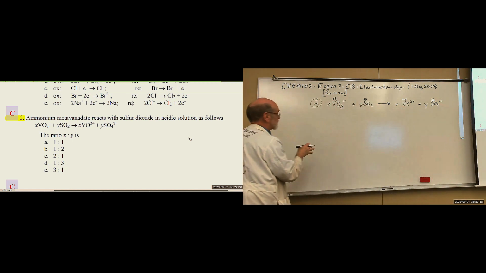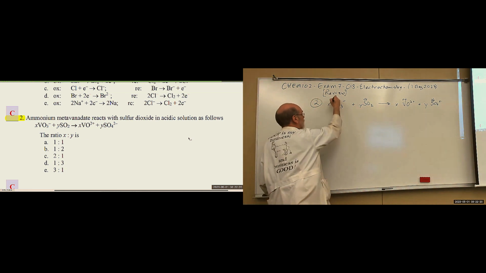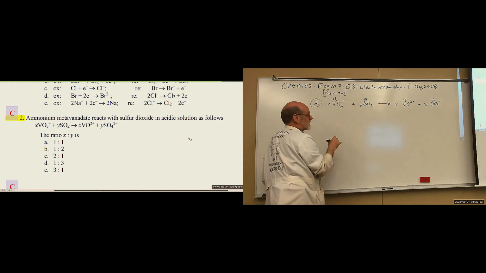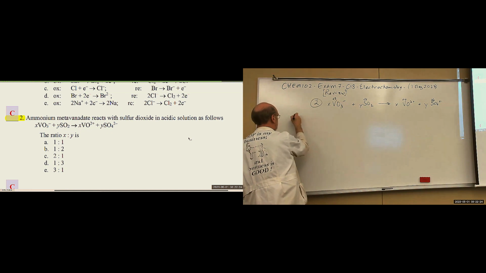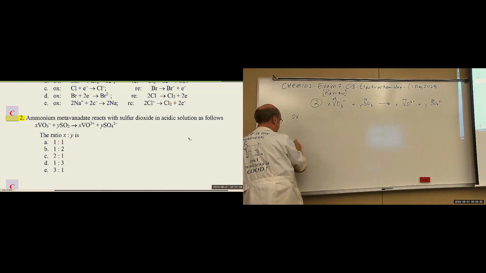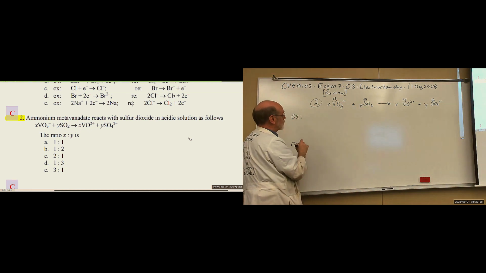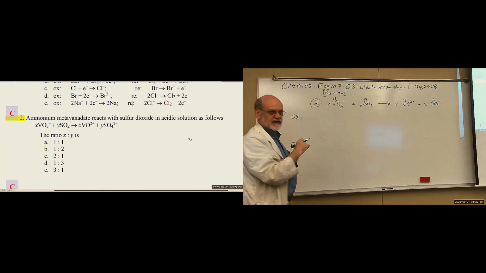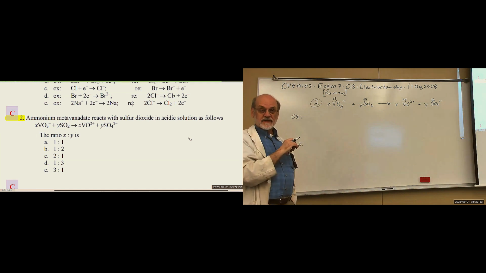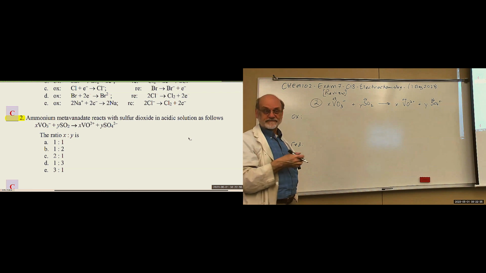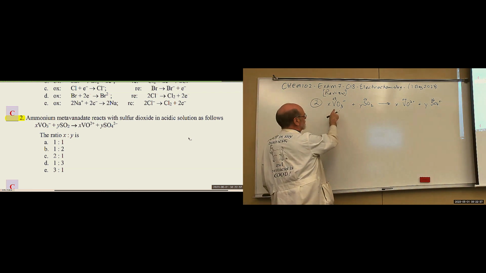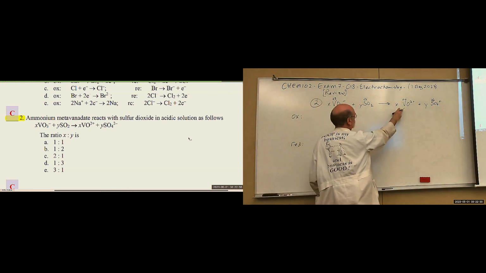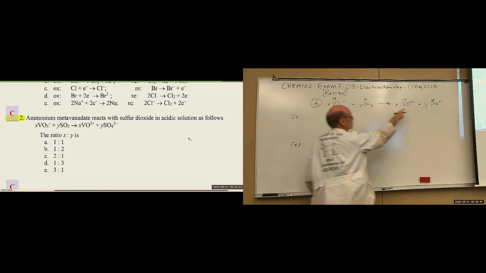Okay. Now that we have our oxidation states, we can determine which is reduction and which one's oxidation. Right? Which one's oxidation? Oxidation is loss. So we have to go more positive. Let's see, +5 to +4. No, that's not it. +4 to +6.